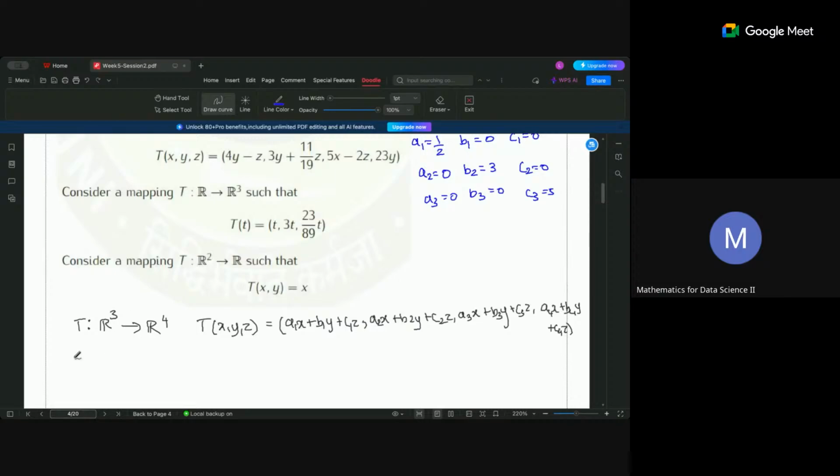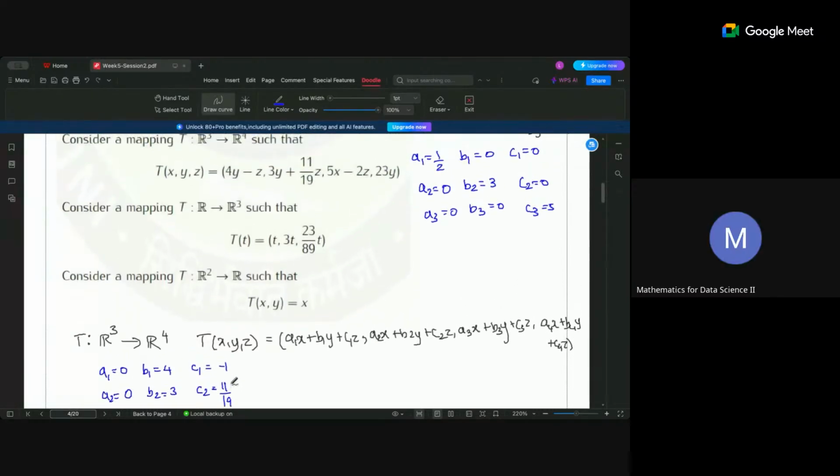So here you can see and match. What is A1? A1 is 0, B1 is 4, C1 is minus 1, A2 is 0, B2 is 3, C2 is 11 by 19.